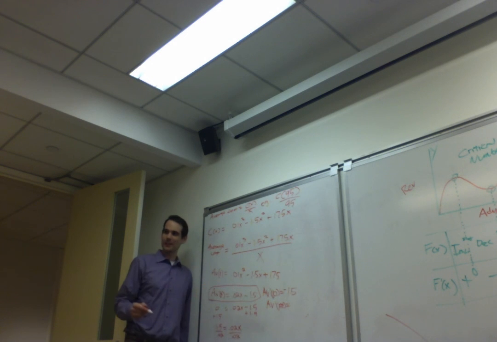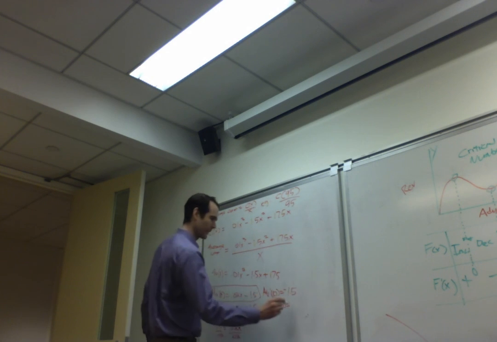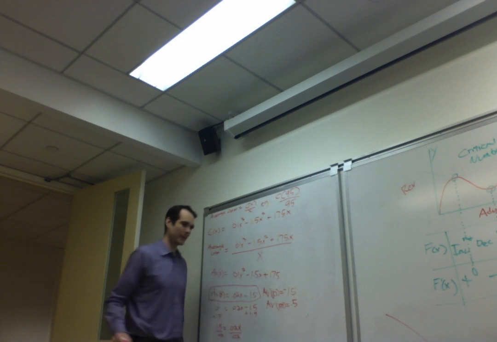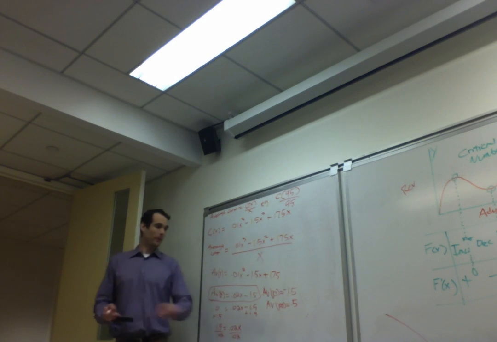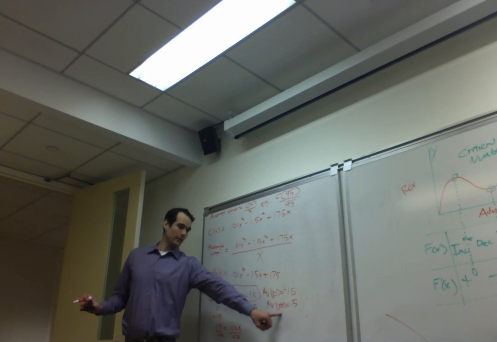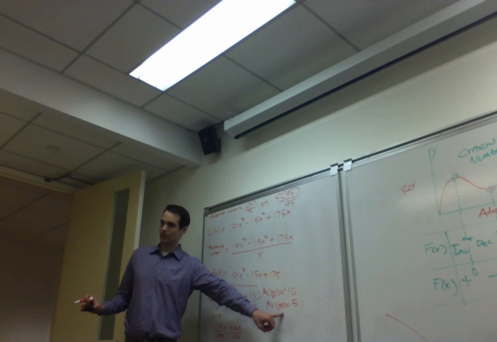Minus 1.5 is 0.5. Okay. Is 0.5 positive or negative? So the slope at an average cost of 100 is positive. So does that mean the function itself is increasing or decreasing?